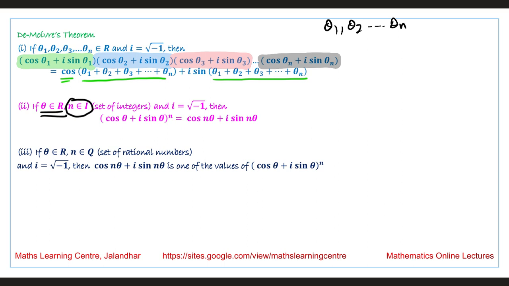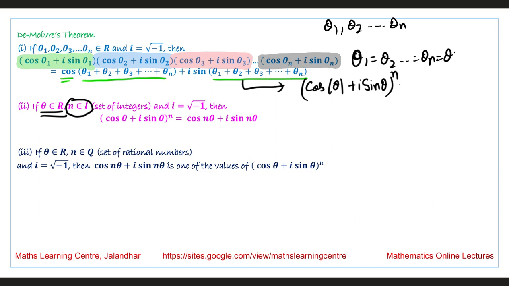In this case, if we put theta 1 equal to theta 2, so on up to theta n equal to theta, this result can be written in the form cos of theta plus iota sine theta raised to the power n, that is equal to cos n theta plus iota sine n theta. In this case, the value of n that we have is a natural number.